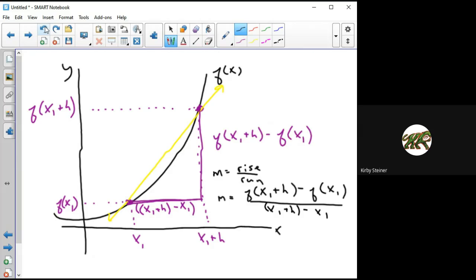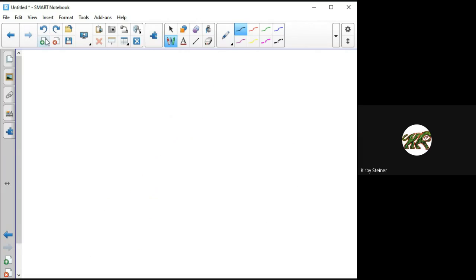Since we have x1 plus h minus x1, those cancel out, and we have a slope of f of x1 plus h minus f of x1 over h. We call this the difference quotient. We've looked at this geometrically. All we've done is instead of calling it x2, we call it x1 plus h. And so instead of calling it an average rate of change, we're going to call this a difference quotient.